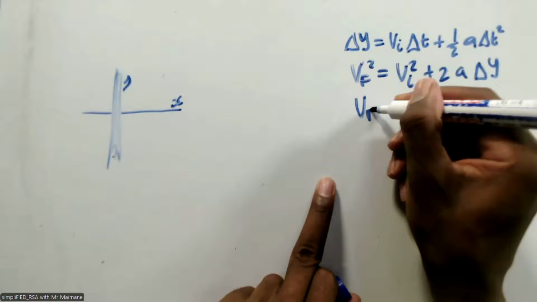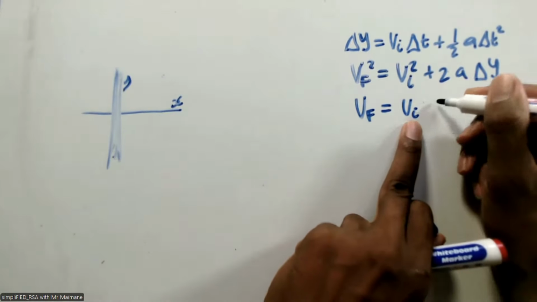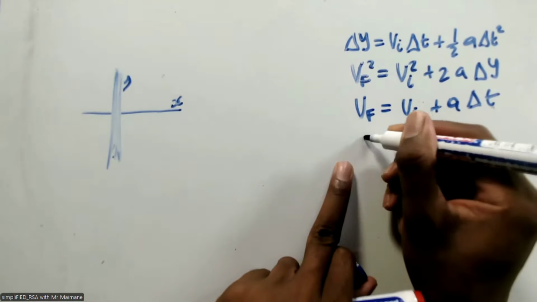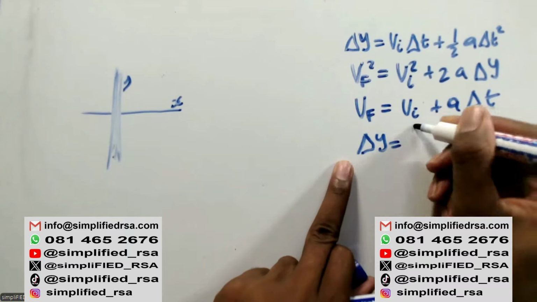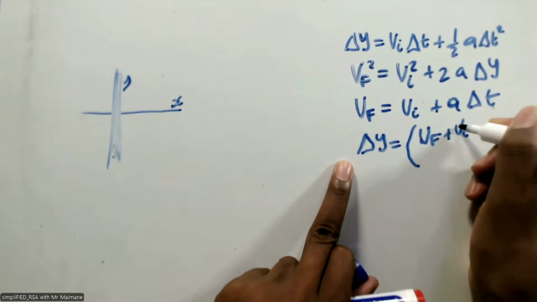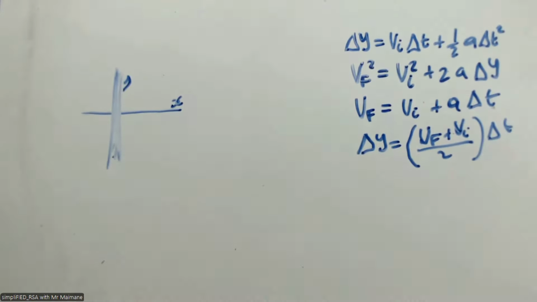The next one would be Vf is equal to Vi plus acceleration change in t, and the other one would be change in y is equal to Vf plus Vi over 2 times change in t.